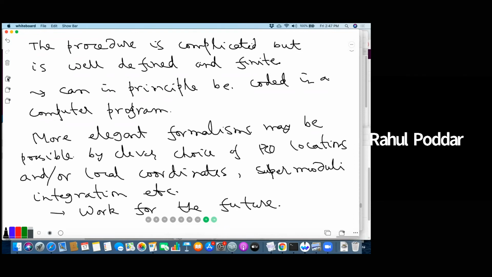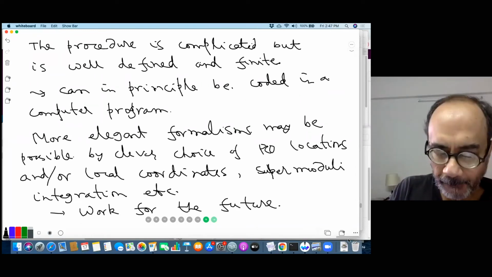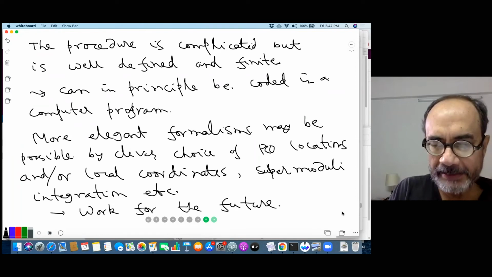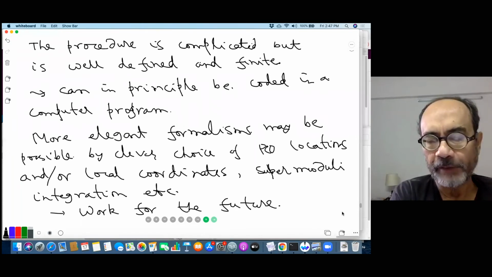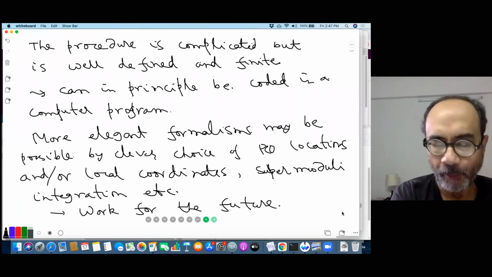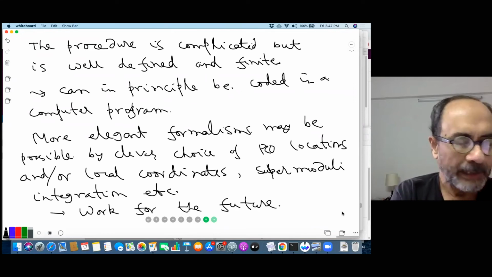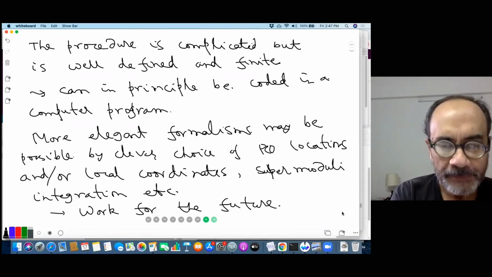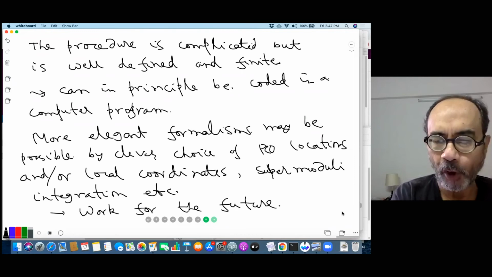Is it possible to choose a section such that it doesn't intersect this locus of spurious poles? I think the answer is not known. It may be possible, but nobody has been able to figure out how. What is known for sure is that you cannot choose the section to be holomorphic.